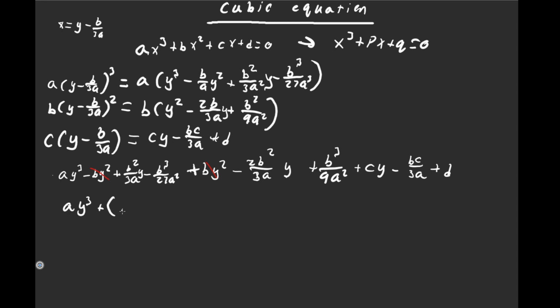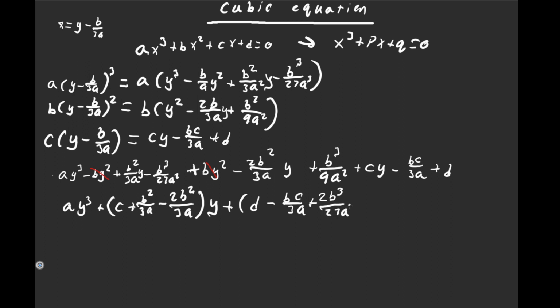We have parentheses, c plus b squared over 3a minus 2b squared over 3a, y, plus d minus, I should just do descending order, minus bc over 3a plus b cubed over 9a squared, which we would get positive plus 2b cubed over 27a squared.